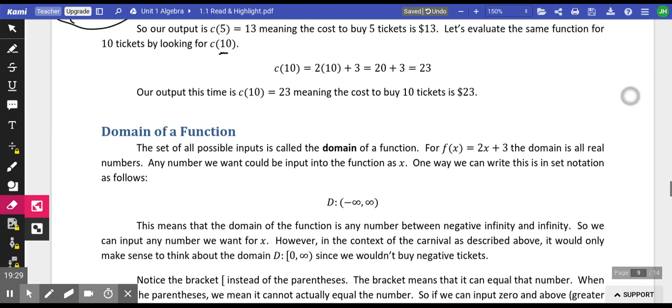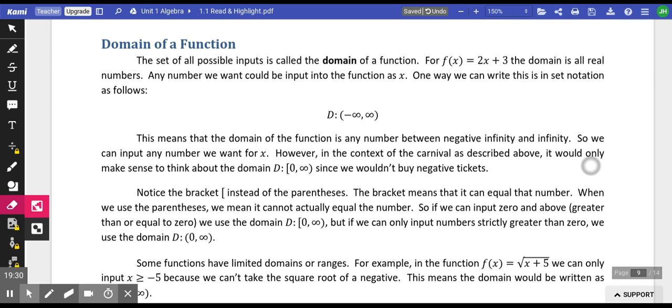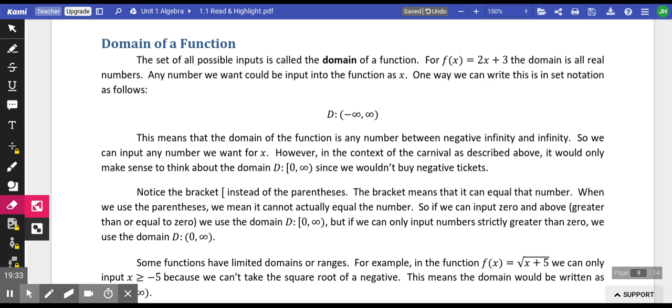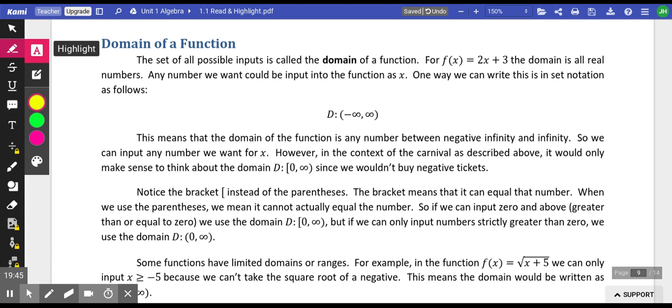Okay, let's move on. Now we're going to talk about the domain of the function. What is the domain of a function? Let's read. The set of all possible inputs is called the domain of the function. Well, that's pretty straightforward, and that looks important to me. Let me highlight. The set of all possible inputs is called a domain.